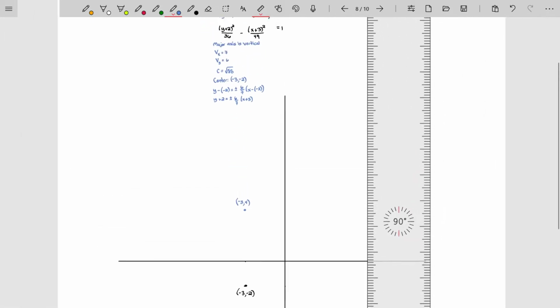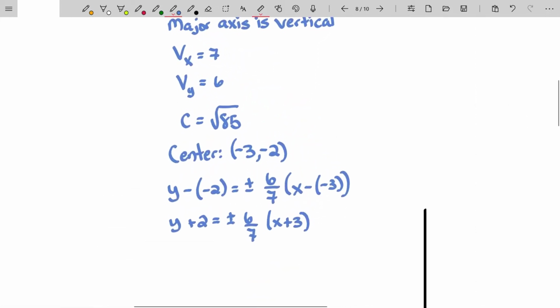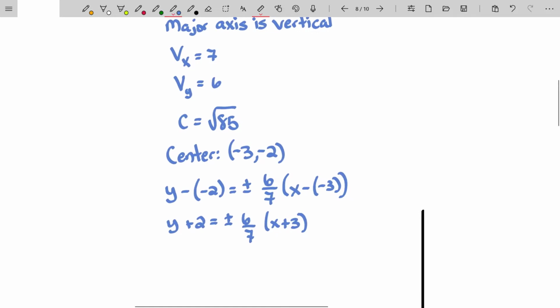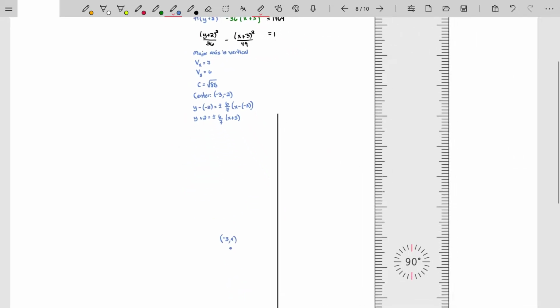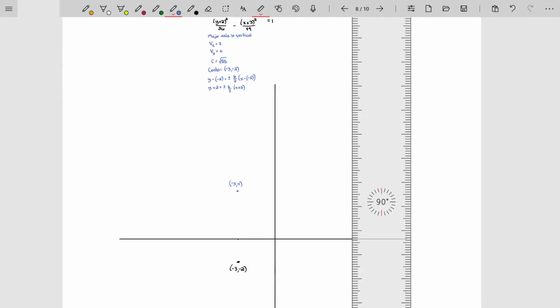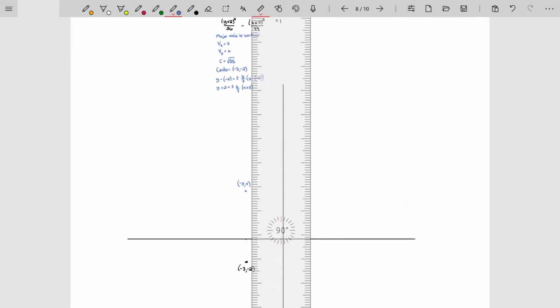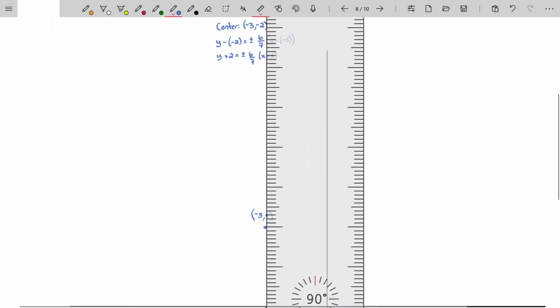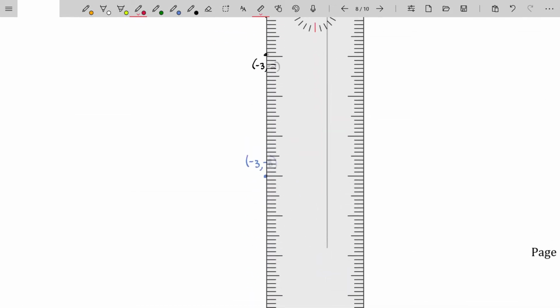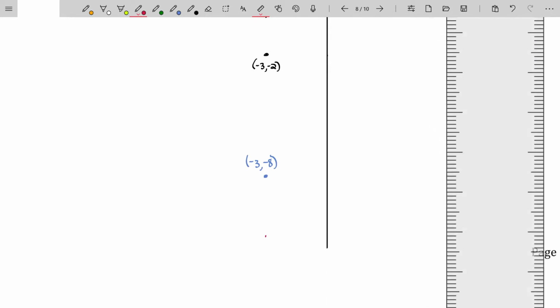The foci are root 85 units up and down from the center. Square root of 85, let's see, root 81 is 9, so it's going to be slightly greater than 9 units above and below. I'll just count out 9, honestly. So this is probably right about here, and another one right about here.